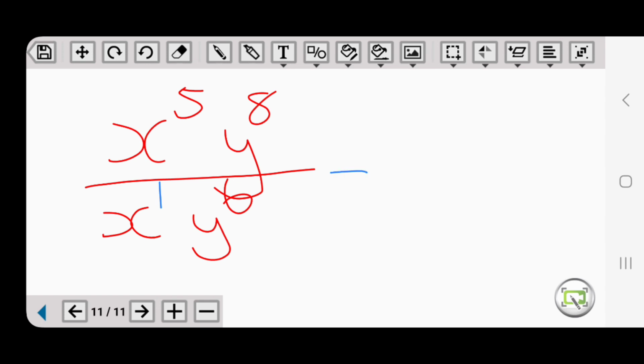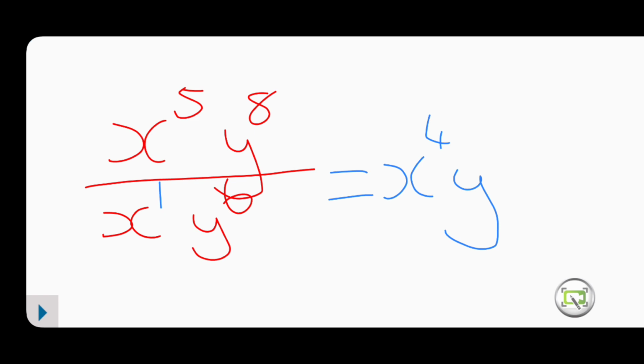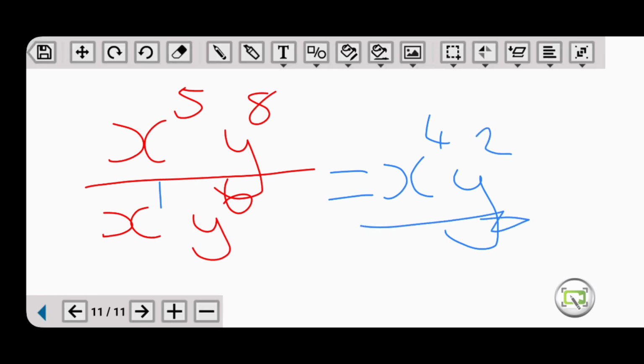Okay, starting with the x's. We have a 5 and a 1, so it is 5 minus 1, and that will be 4. We have an 8 and a 6, 8 minus 6 is 2. Alrighty, I'm going to look at one last example in this lesson.